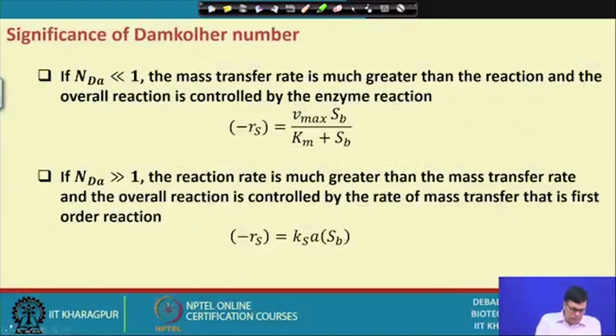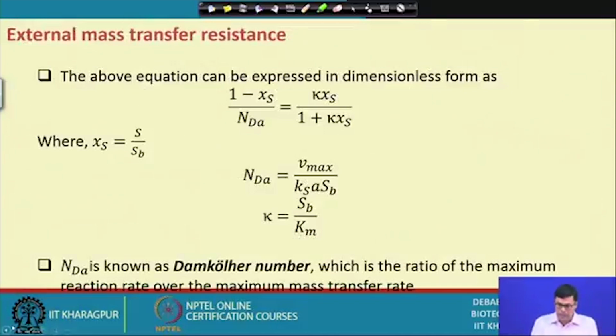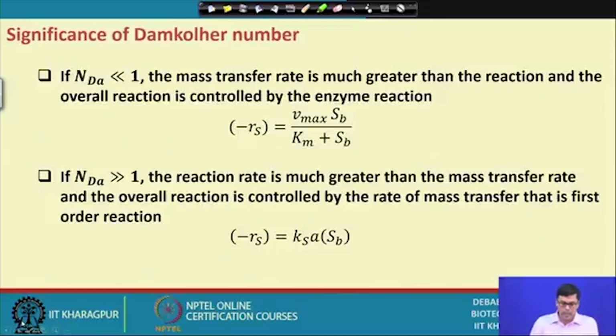Now, from this equation, what can we conclude? The conclusion is that if NDA is greater than 1, then the mass transfer rate is much higher than the reaction, so the overall reaction is controlled by the enzymatic reaction.